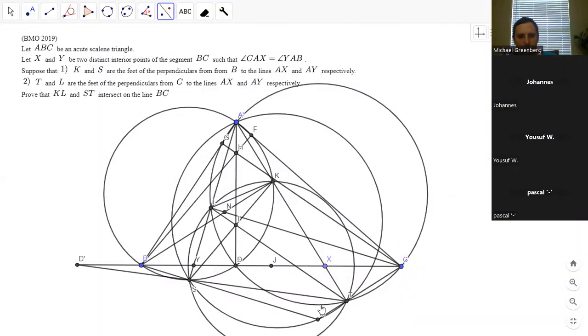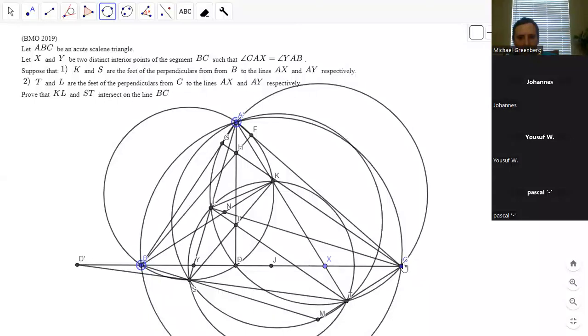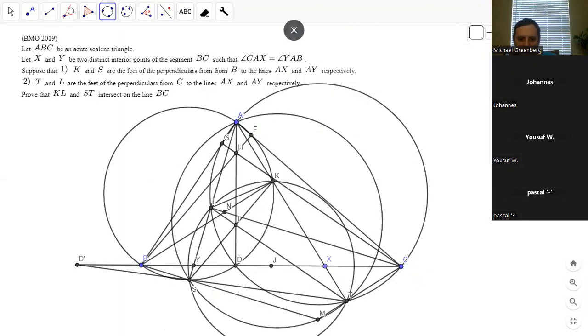That's what makes it a little tricky. So if we draw the circumcircle of ABC, then HJ and the antipode of A would be collinear. But that's not what we're looking at.